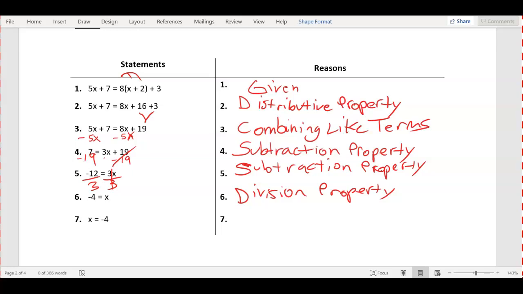When you think about something as you can fold something in half, you see on both sides, you can flip it over, it's the same. That's the symmetrical property. Okay? So why on earth are we doing the symmetrical property? Because we like to have x on the left. So when you have x by itself and x on the right side, one last step, flip it over. It's the symmetrical property.